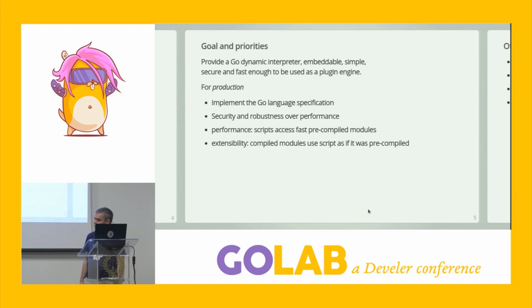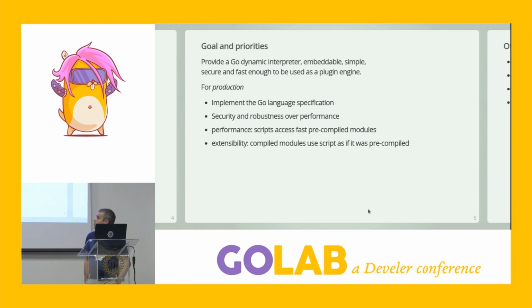So let's look a bit at the goals and priorities. We want to make the Go interpreter dynamic. It has to be embeddable in applications, so it has to be a module. It has to be simple, secure, and fast enough to be used in applications. And it's really for production.